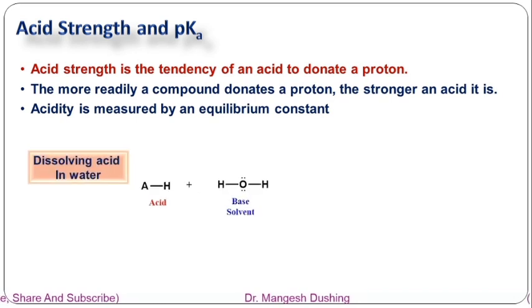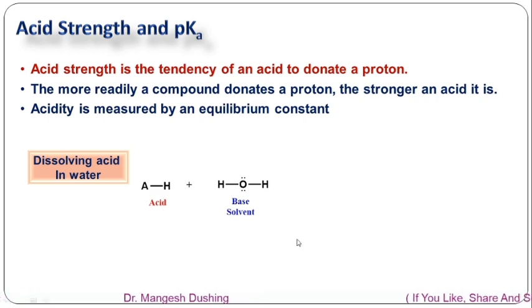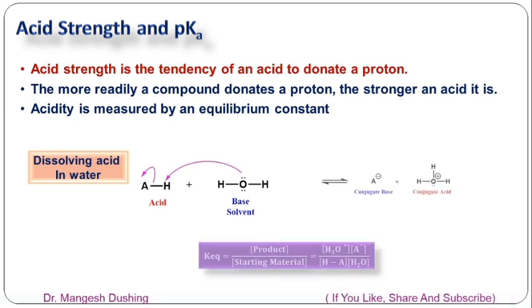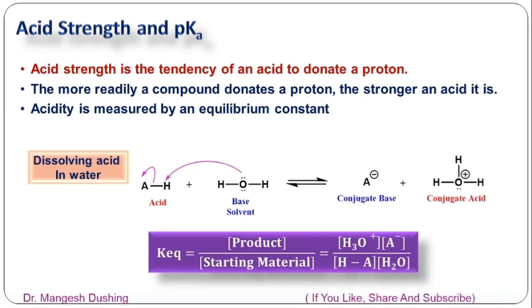For example, dissolving an acid in water, this is the reaction. HA is any acid plus water. Water acts as a base. Water is actually a solvent, but it acts as a base. It donates its lone pair of electrons to this proton. So, we will get A minus plus H3O plus.